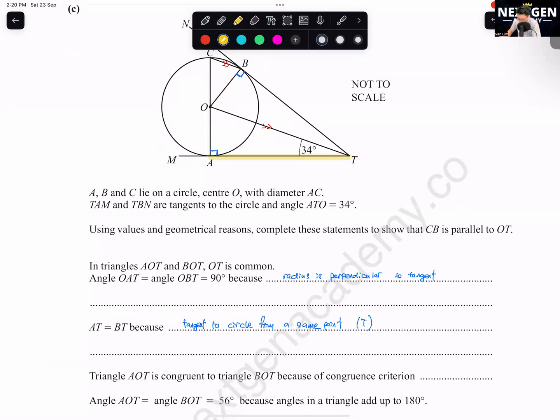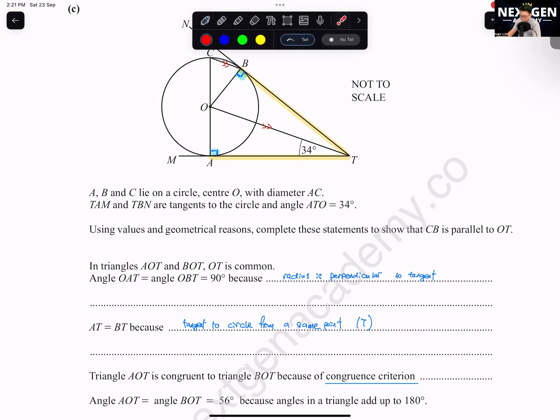If we say that this and this is the same, then we also highlighted that this and this is 90 degrees. So triangle AOT to triangle BOT, because of congruous criterion. What's congruous criterion? The congruency test. You got your ASA, SAS, RHS and all.